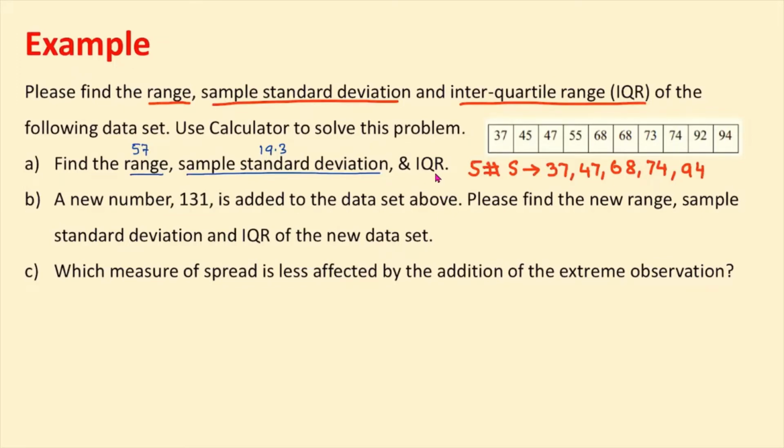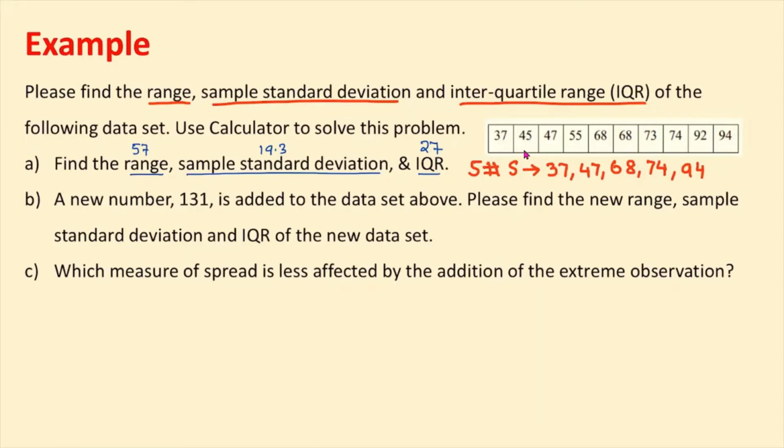The interquartile range is Q3 minus Q1, so 74 minus 47 is 27. So we got the range as 57, sample standard deviation 19.3, and interquartile range 27.